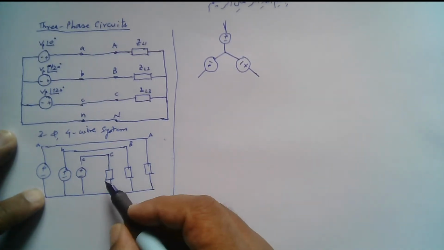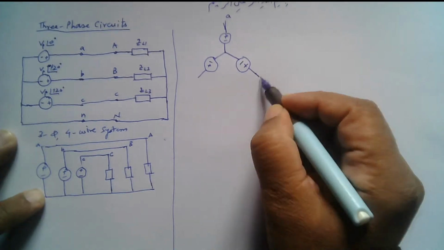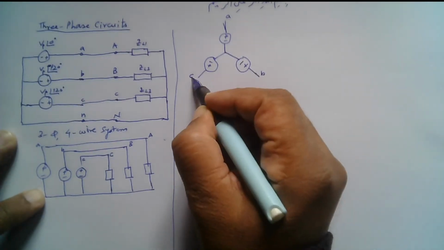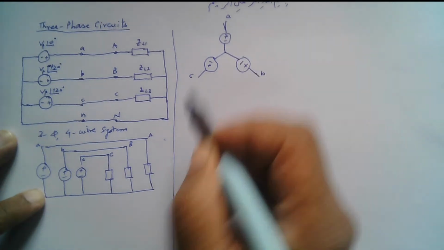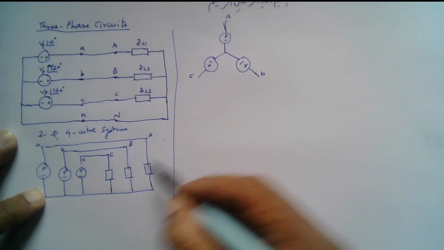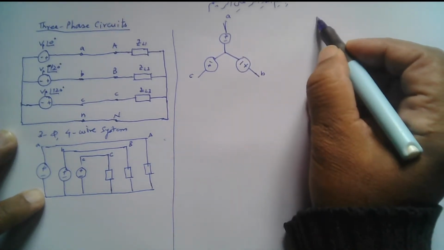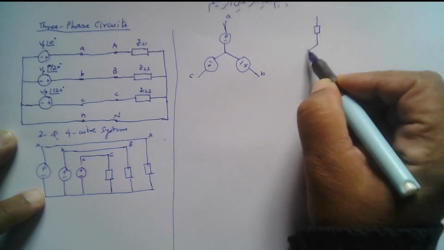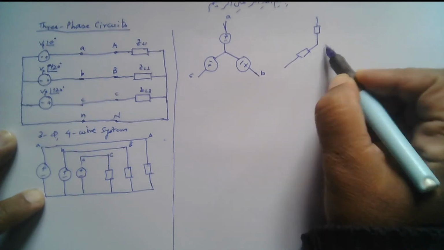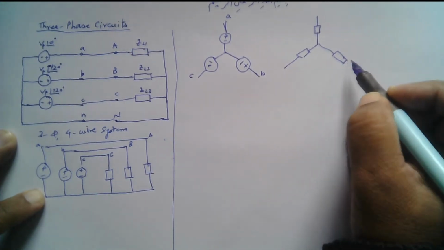And let me call this A, this is B, and this is C, right? And the load side can also be depicted in a similar manner. For example, I can have this load impedance here, and then another one here, and then another one here, like this, right?